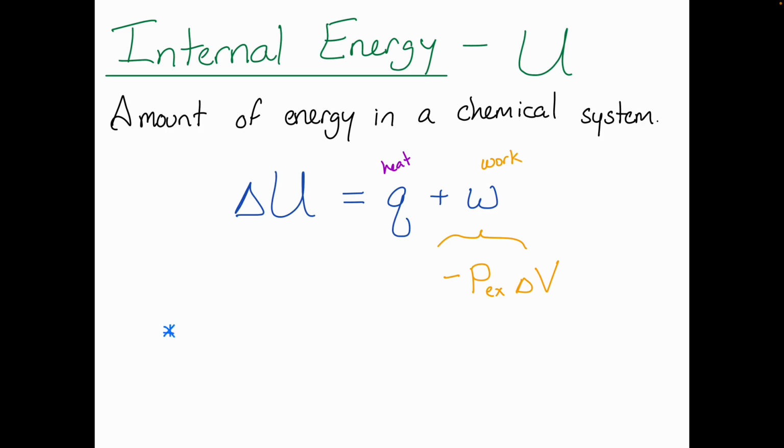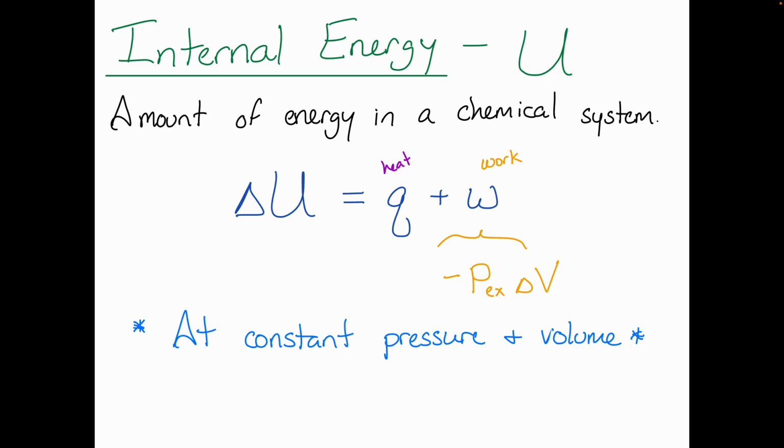All right, so now we're going to focus on chemical systems that are at constant pressure and volume. If the volume of this system is constant, what happens to this equation here?